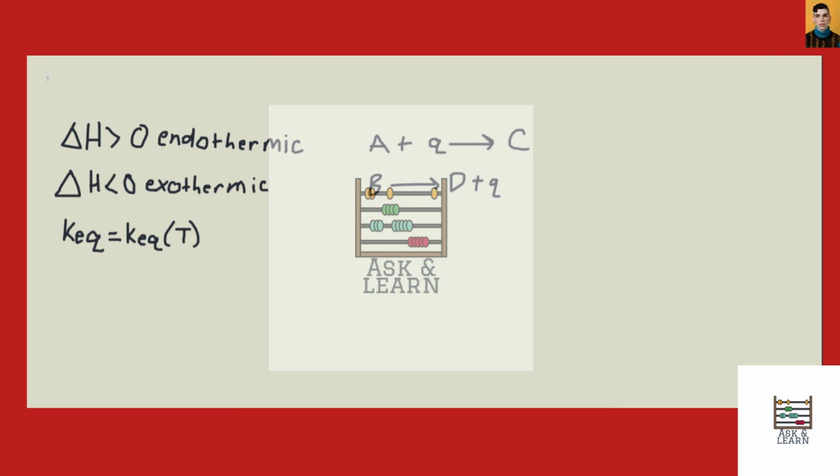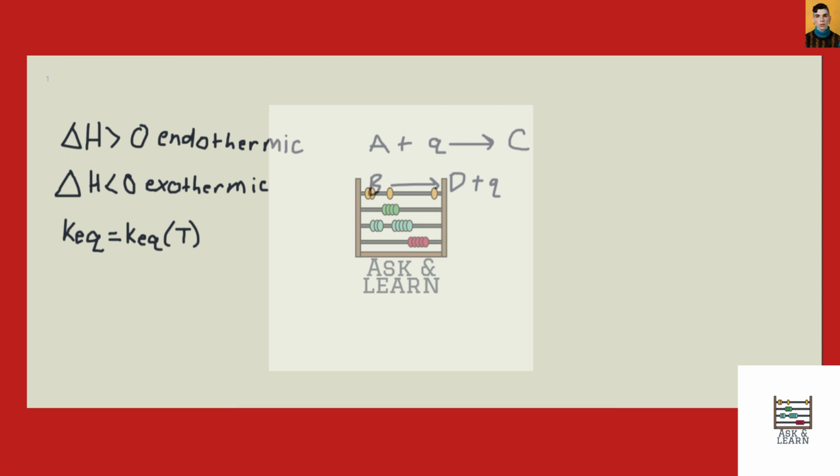Even if you're not changing the overall concentration of your reactants and products, and you just have what you have in your system, which will not affect your equilibrium, the temperature affects your equilibrium because it will shift your reaction to the right, or to the left for exothermic reactions, if you're adding heat.